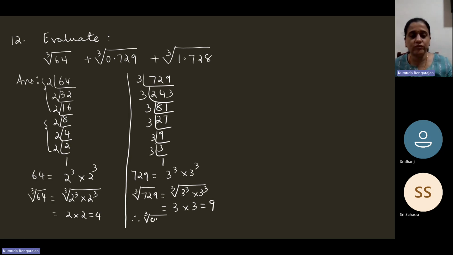So what will be the cube root of 0.729? What's the cube root of 729? 9. Now when it's cube root, the number of decimal places in the cube root will be 1/3 of the number of decimal places in the cube number.